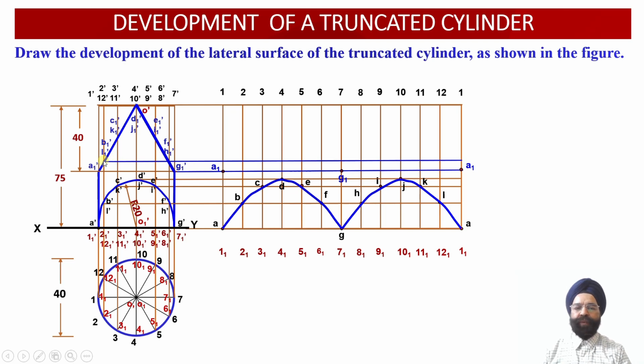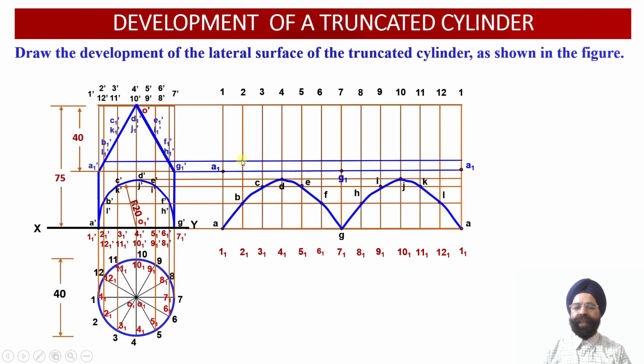So now once we draw a horizontal projector line through these 2 points of intersection B1 dash and L1 dash, let us evaluate the intersection of this horizontal projector line with vertical generators 2, 2, 1 and 12, 12, 1 over here.